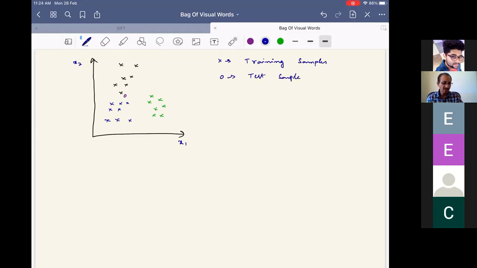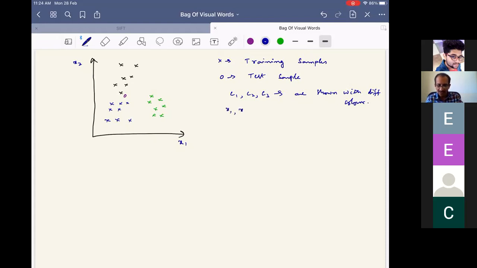So if I give you this, you can know how many samples there are, how many classes there are, and so on. The color coding indicates which class they belong to. C1, C2, C3 are shown with different colors. So now the question is, to which class should the test sample be classified?